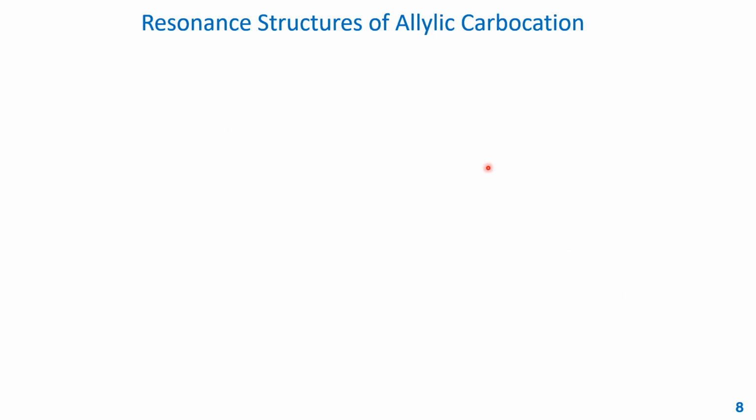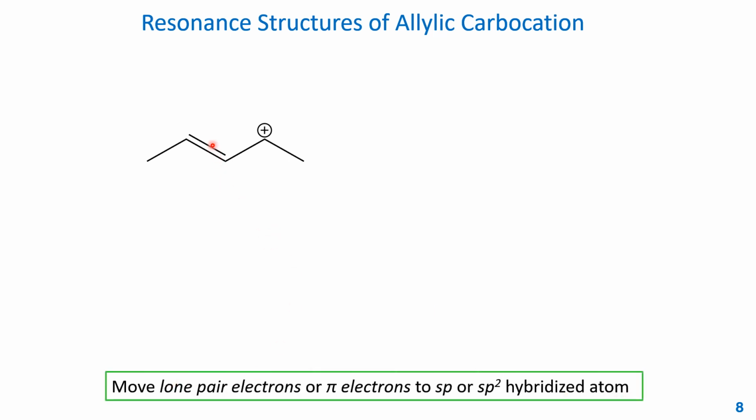Now let's look at the allylic carbocation. That's an allylic carbocation. This is the allylic position. I show the example here. And then follow the same rule. We can move the pi electrons to here. And this carbon is a carbocation. It's sp2 hybrid, so it can accept those pi electrons. So you draw just one arrow pushing to form this resonance. And this positive charge forms because this carbon lost one electron after this pi electron pushed to here.